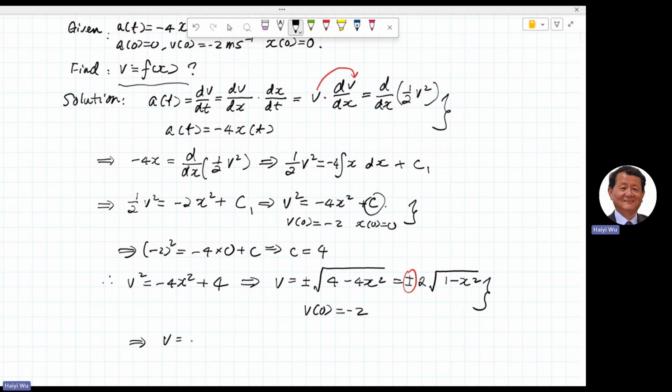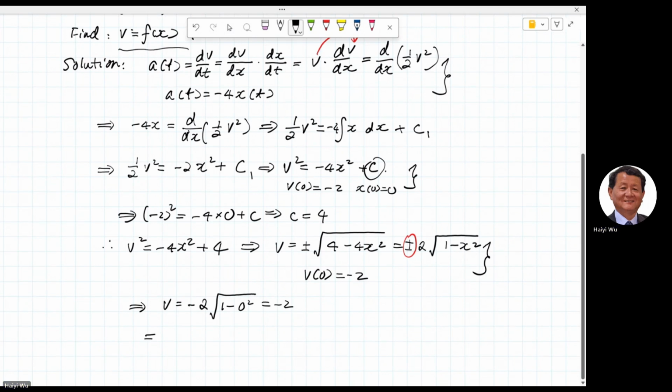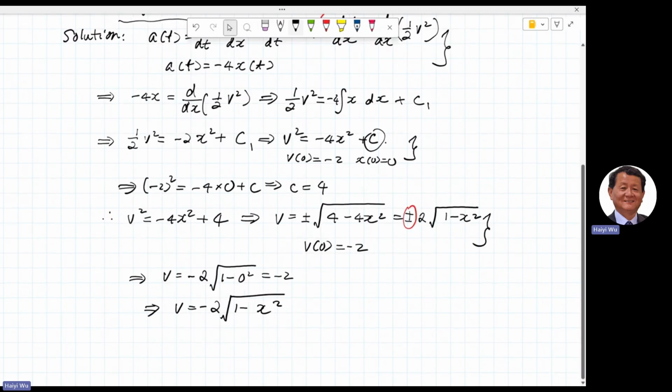So we confirm v should be chosen negative, not positive, otherwise it would contradict our given condition. So the final answer is that the velocity in relation to x is given by this particular function.